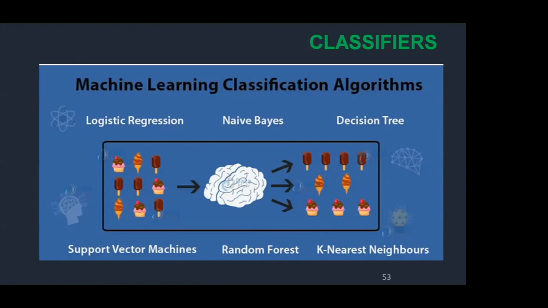Next, we have naive Bayes classification. We require this when we need a more probabilistic model, like for text classifications and all these things. Decision tree is a very intuitive embedded feature wrapper class where we can get the hierarchy of our features, that is, which features are really important.